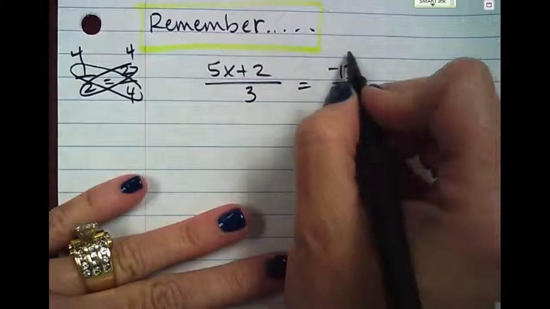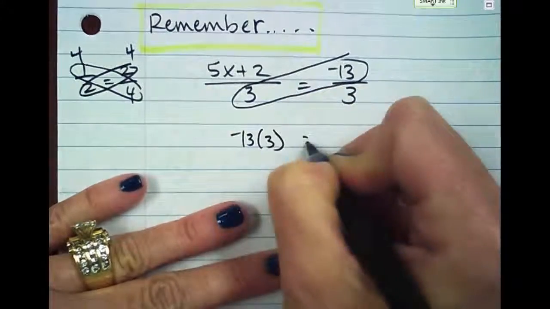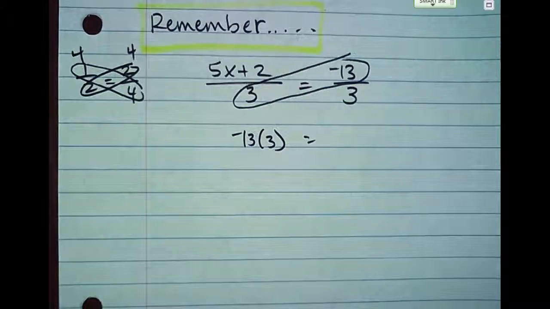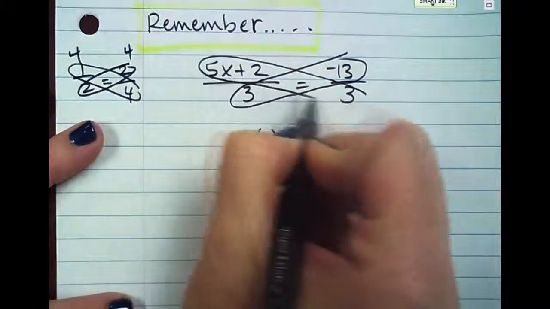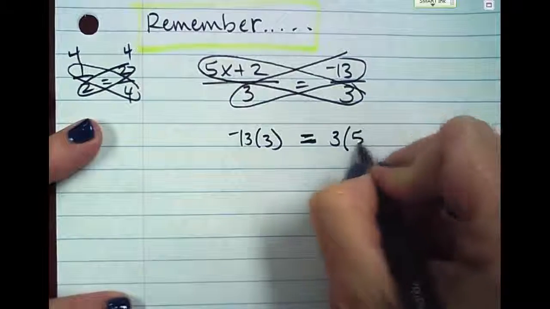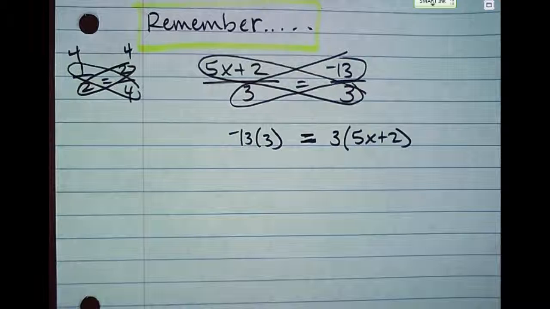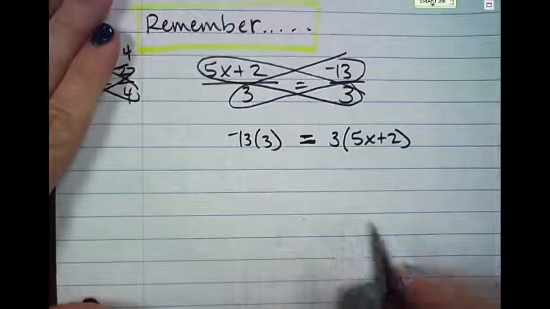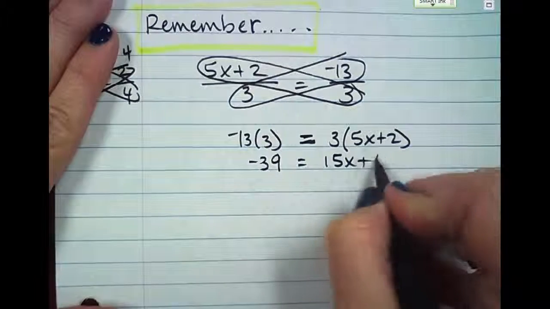What that means is that this side is negative 13 times 3, doesn't matter which way you start, equals this side, which would be 3 times all of that. Remembering it now? Take good notes if you didn't. And then now you can just solve for what? Solve for x. So you end up with negative 39 equaling 15x plus 6 when we redistribute.